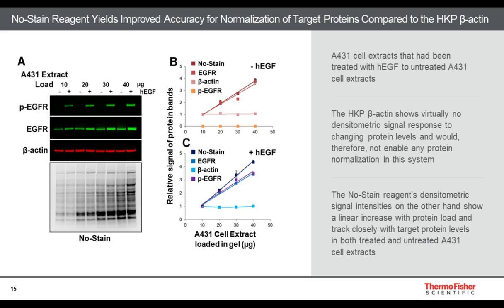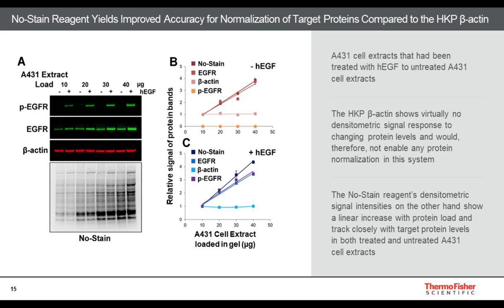As already demonstrated with other cell lines, the no-stain reagent exhibits superior capability for protein normalization compared to the housekeeping protein. In the case of A431 cells, the housekeeping protein beta-actin shows virtually no densitometric signal response to changing protein levels and would therefore not enable any protein normalization in the system.